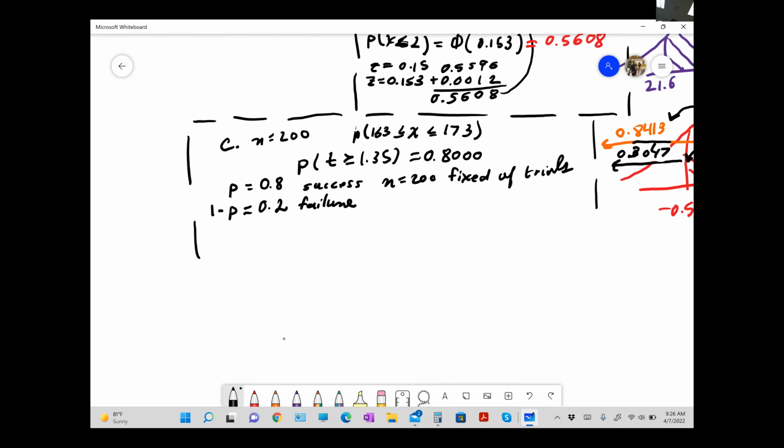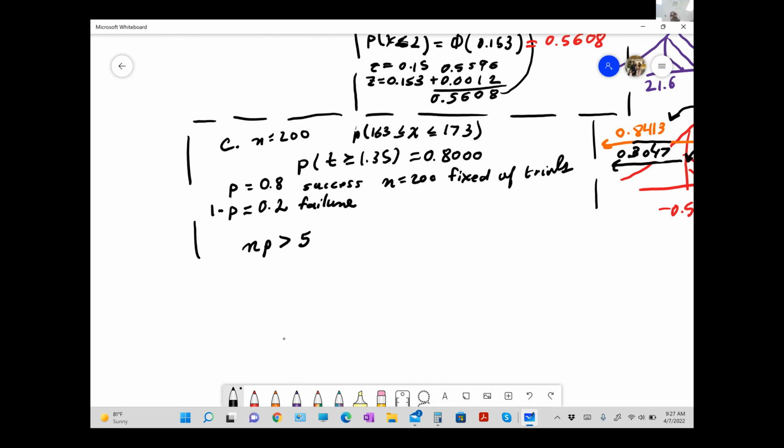So the first thing we do is check to see if N times P is greater than 5. Let me just make sure this book keeps the same standard. It could be 10. What happens is, if you model these binomial distributions, as the combination of N and P grows, the shape of the distribution becomes normal. So we want to determine first of all if that's the case.